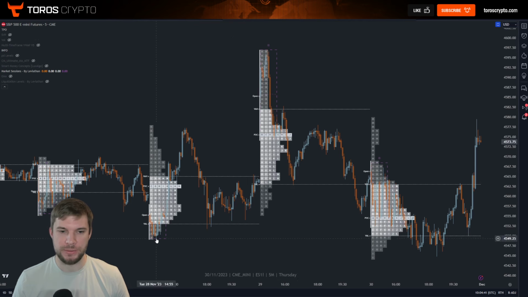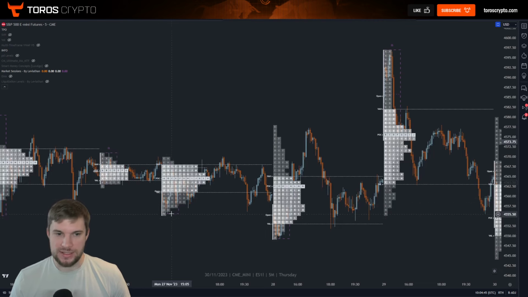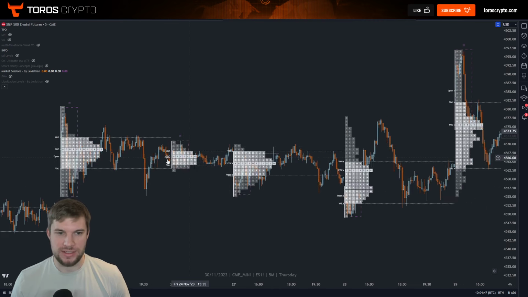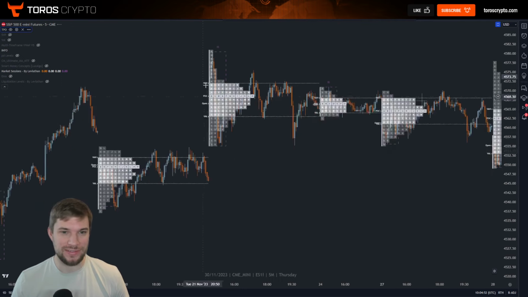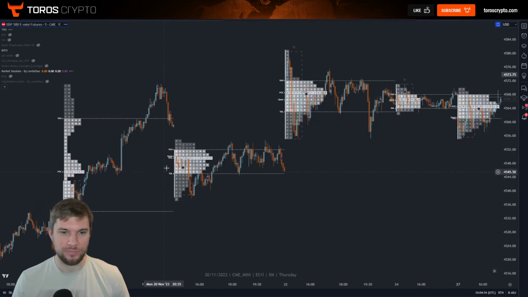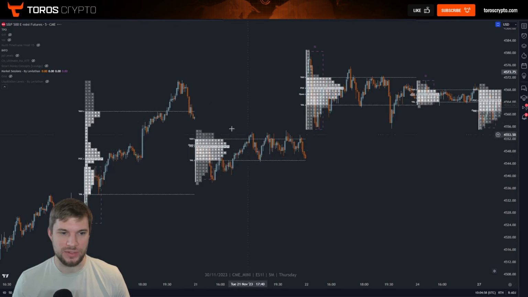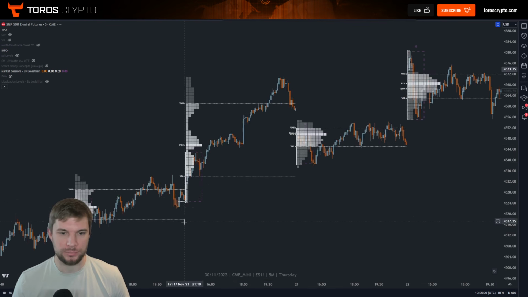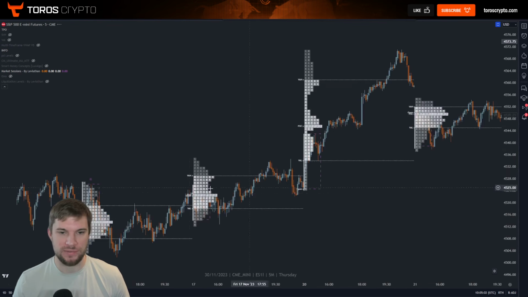Day before that, bullish bias, initial balance remained as the low for the day. Here, initial balance extreme for the day. Here, initial balance both. Neither side of them got taken on this occasion. On this one here, you quickly sweep it at the end, get a reversal. So that's one where it maybe didn't work. This one, initial balance extreme for the day. This one, you just quickly poke outside.